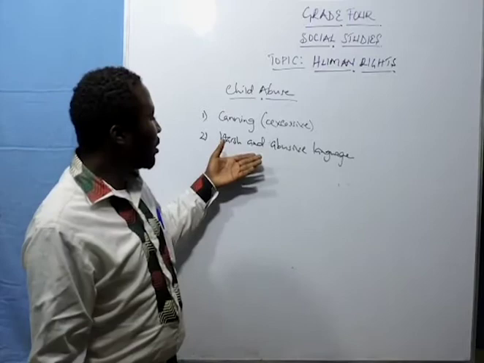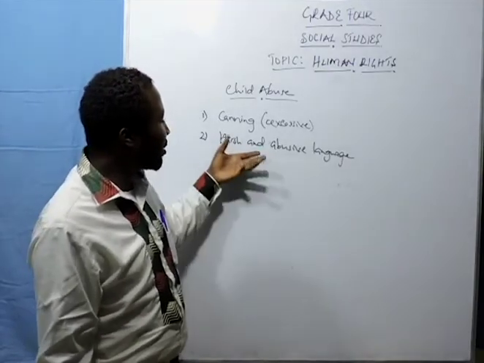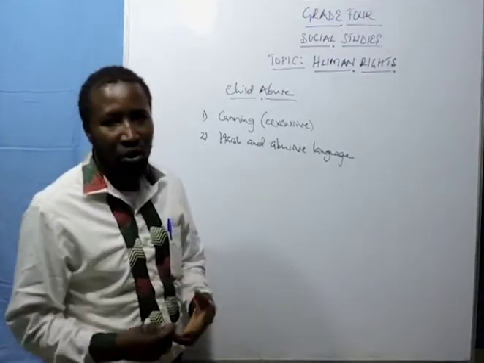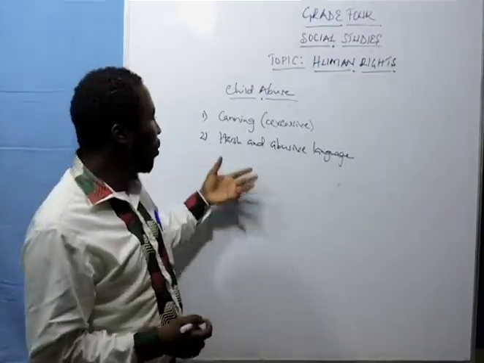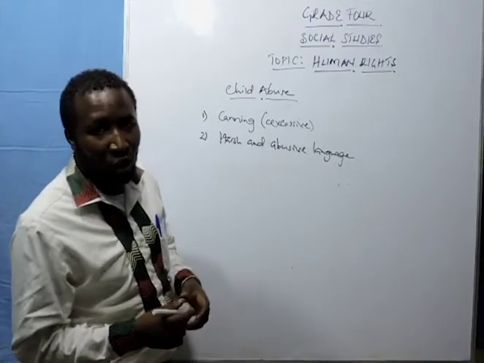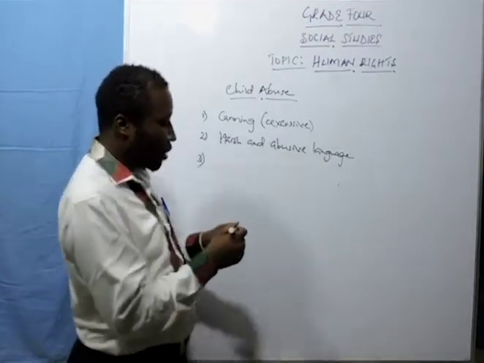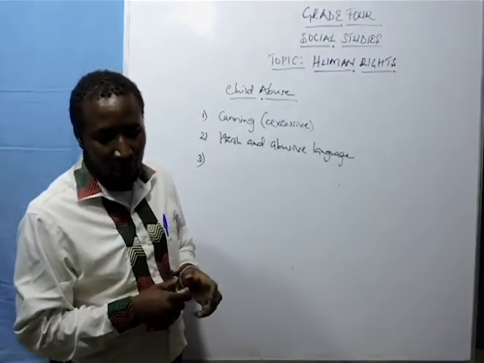Actually, it demoralizes the child and brings low esteem to a child when always talking in a very harsh and abusive language to a child. It's a form of child abuse. Actually, you are torturing the child through the mind as you talk such abusive language to a child.